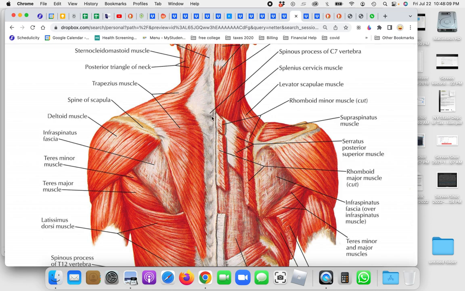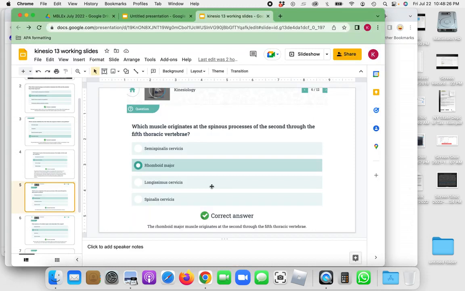So let's get oriented. So there's T1, T2, T3, T4, T5. Here's the rhomboid minor, and here's the rhomboid major muscle. T2, 3, 4, and 5. Spinous processes of the 2nd through the 5th thoracic vertebra.